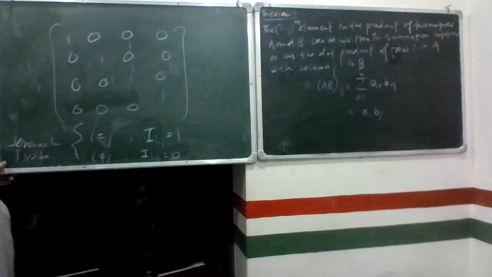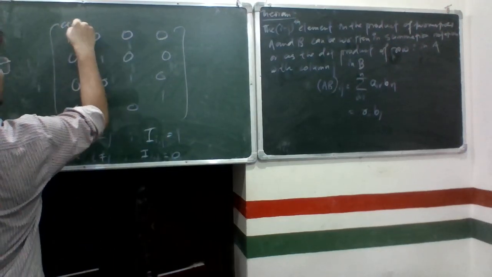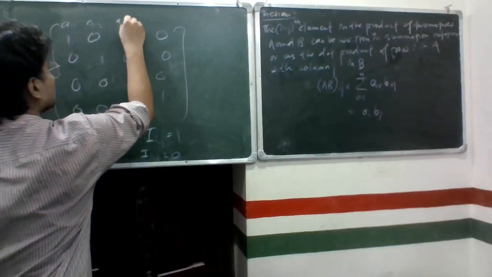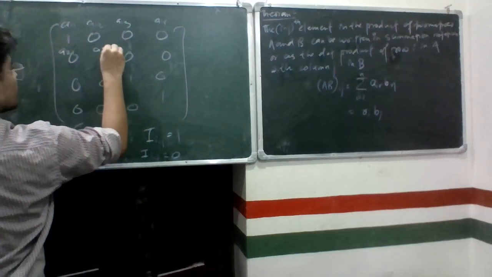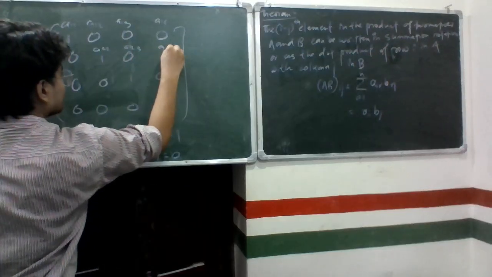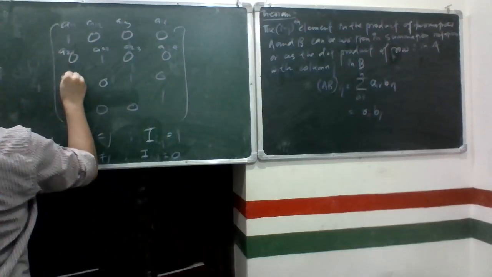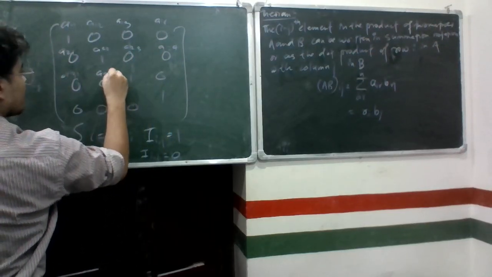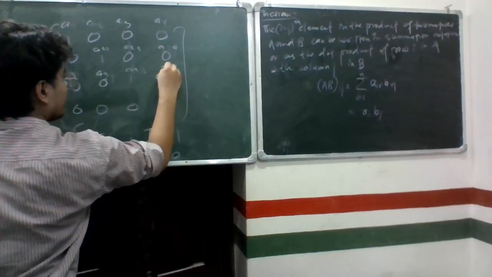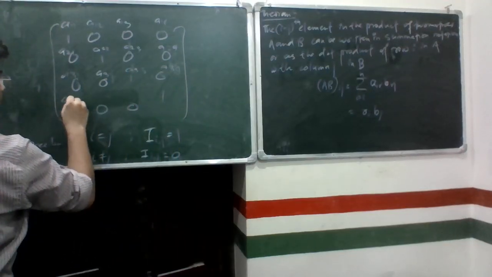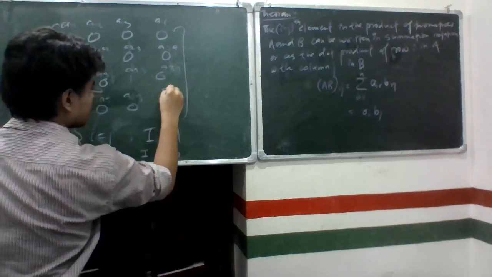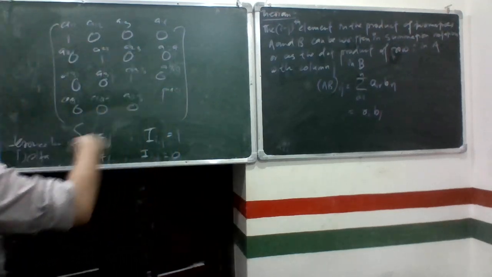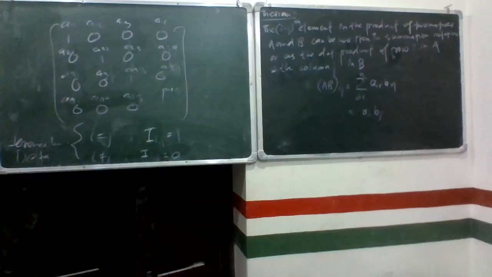Okay, so if you see this, it's what? It is A11, A12, A13, A14, A21, A22, A23, A24, A31, A32, A33, A34, A41, A42, A43, A44. I just wrote the positions of these elements.